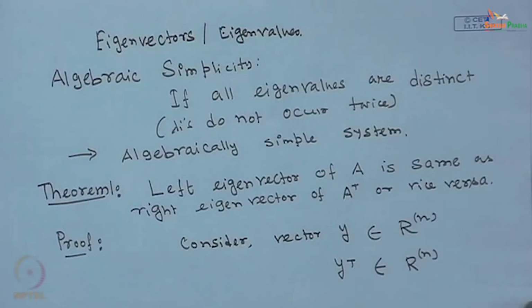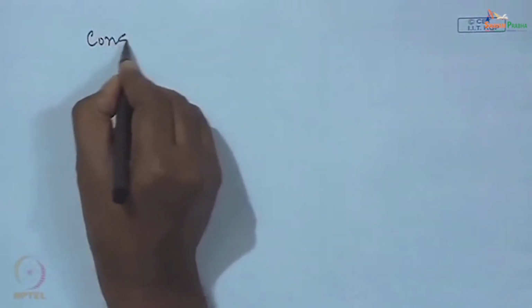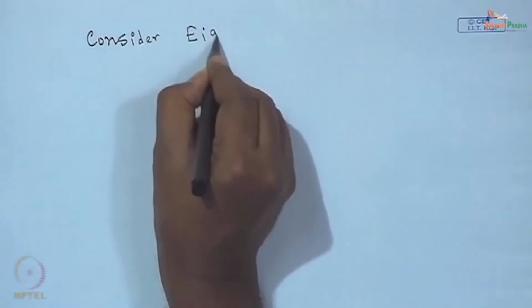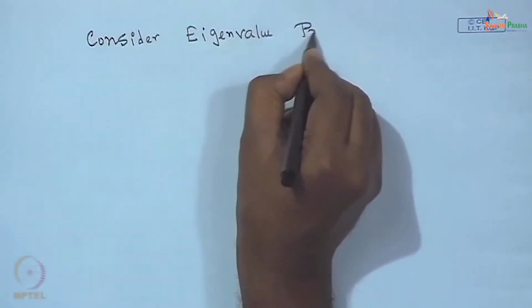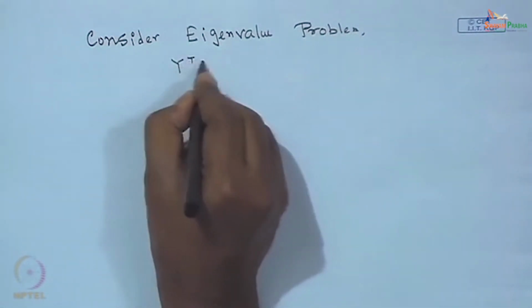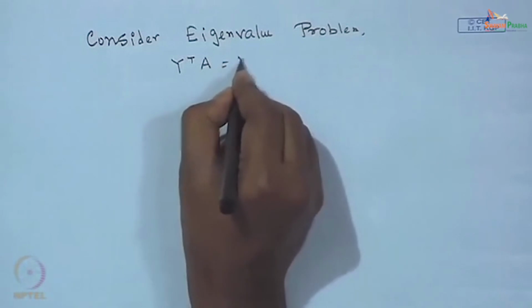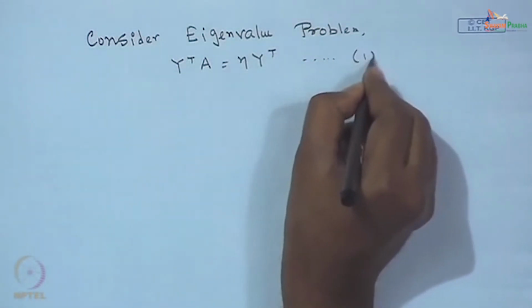Once we define this vector y and y transpose, then we consider the eigenvalue problem y transpose A is equal to eta y transpose. Suppose this is equation number 1.